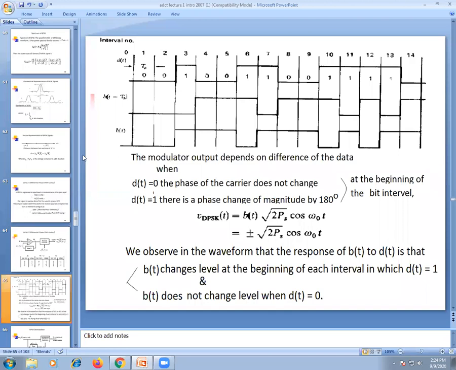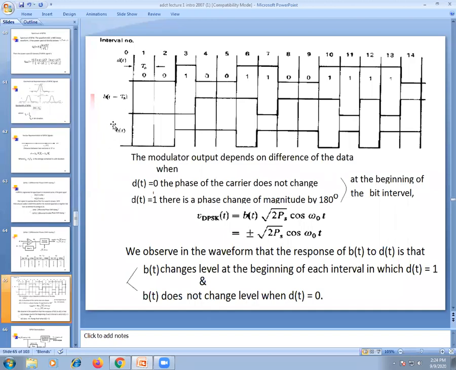Please see that the D of t signal is 0, 0, 1, 0, 0, 1, 1, 0, 0, 1, 1, 1, 1, 0.